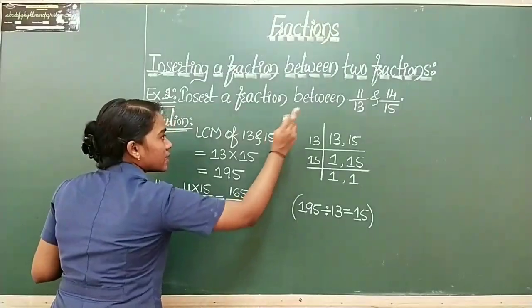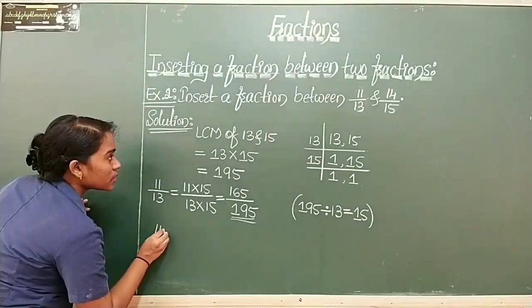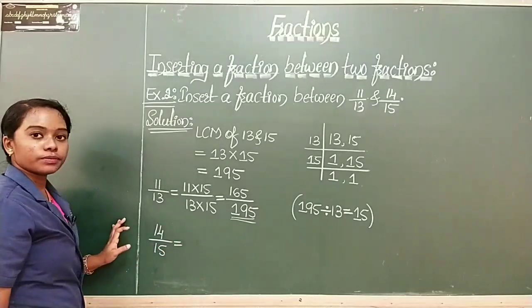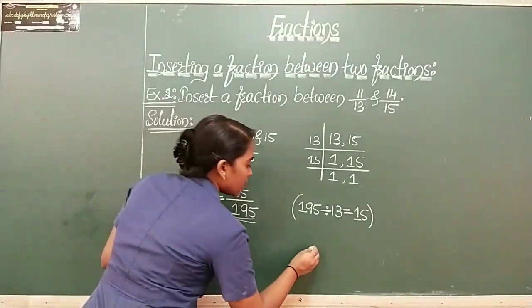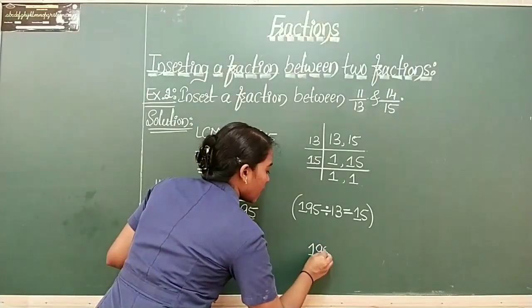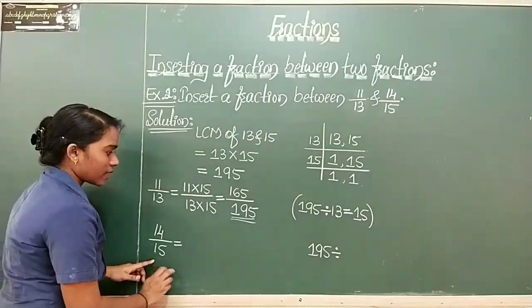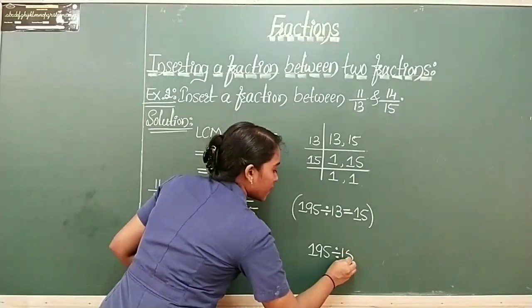Similarly, take the second fraction, which is 14 by 15, which is equal to, take the LCM 195 and divide it by the denominator of this fraction, which is 15.